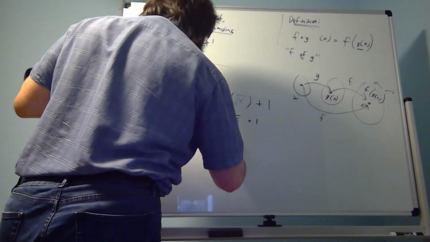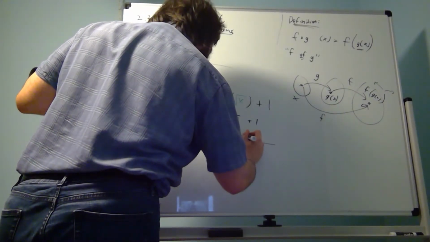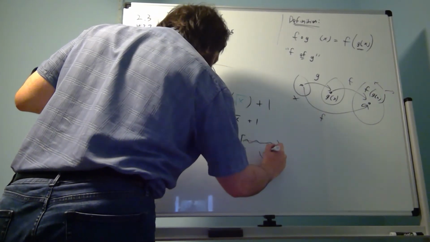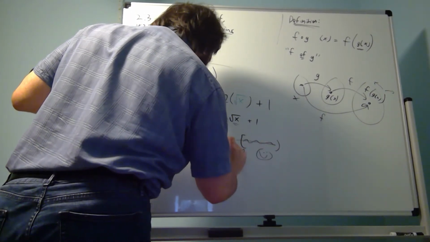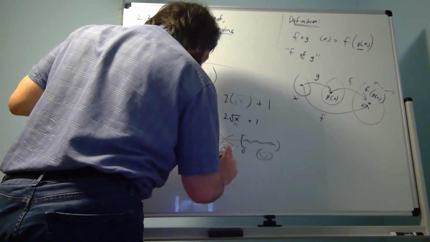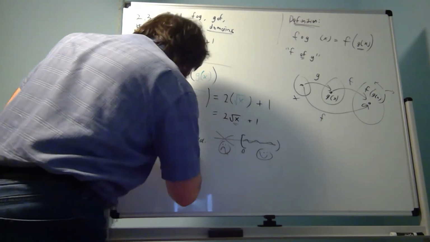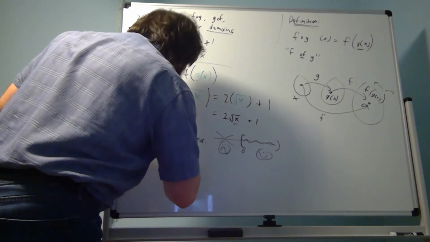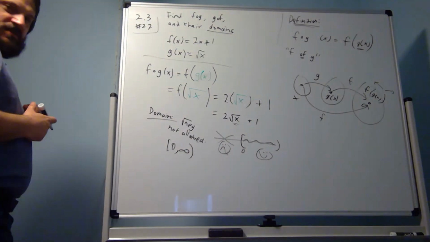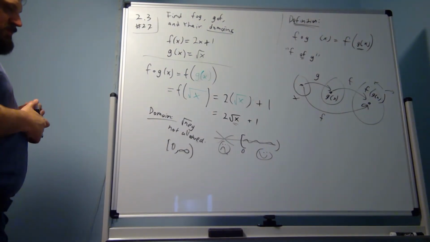That means 0 is actually okay. Everything bigger than 0 is okay, but everything to the left of 0 is not okay. So the domain is a closed interval starting at 0 and then open going all the way out to infinity.